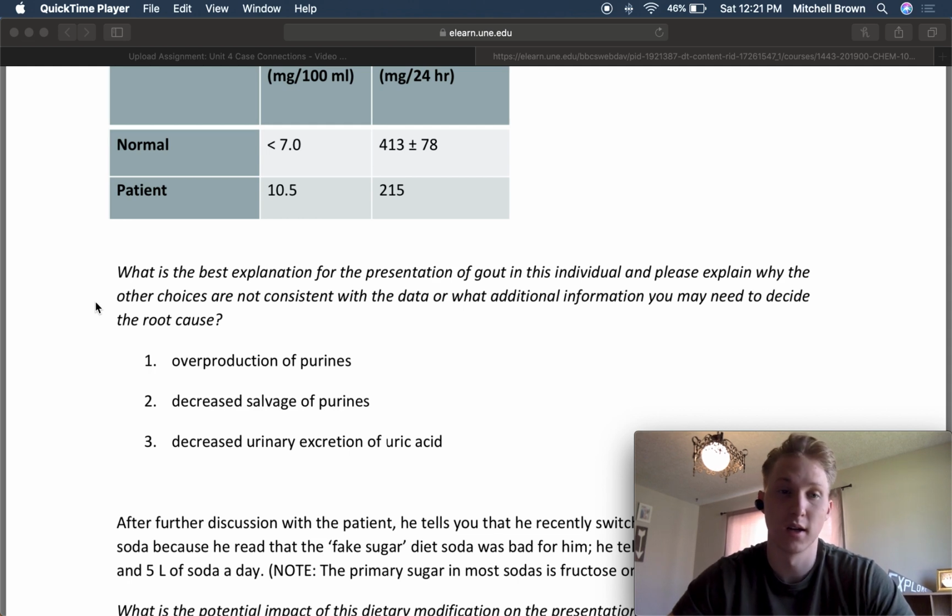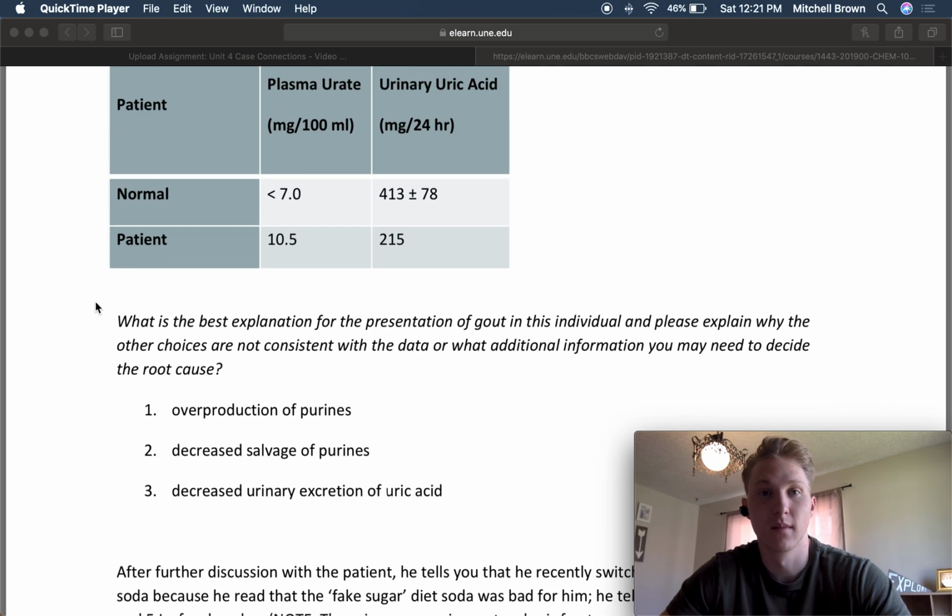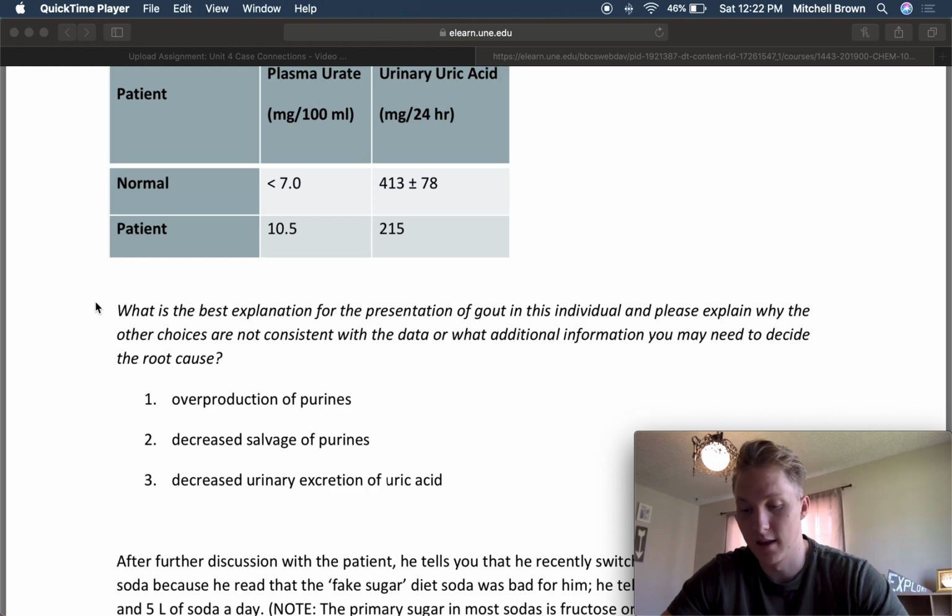So first, the overproduction of purines. This could be possible, but we don't have enough information to determine if this was the exact cause. But when we have low urinary output of uric acid, we suspect that it would more likely point to a decreased excretion.